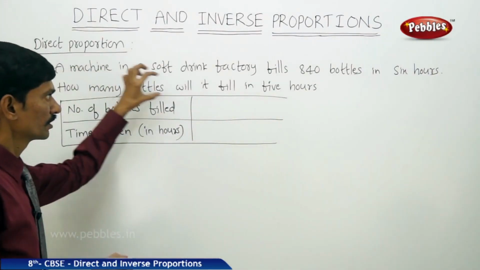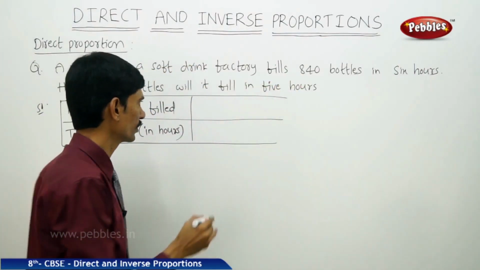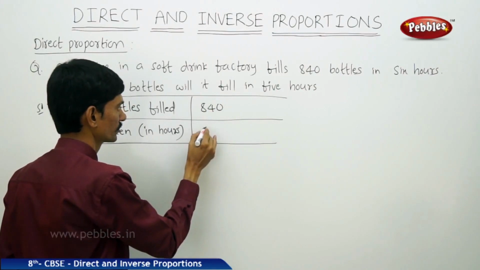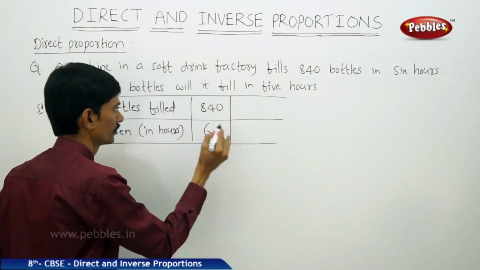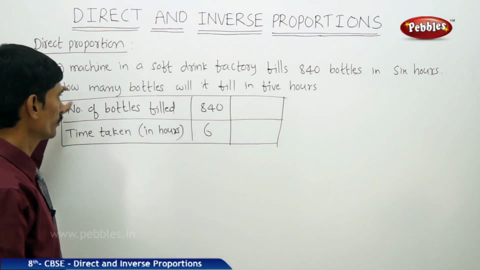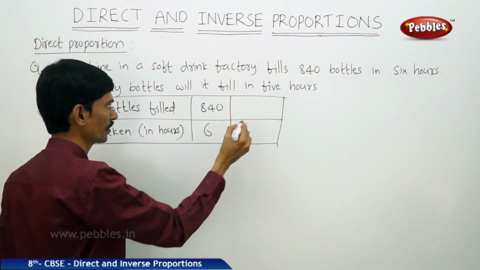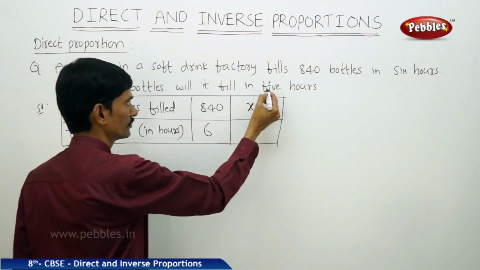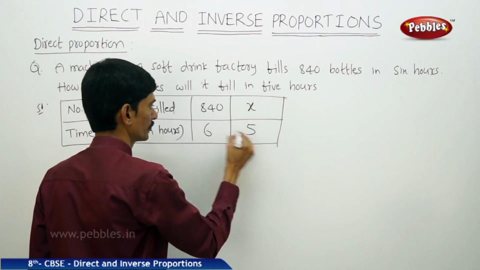Now it will fill 840 bottles in 6 hours. Now in the second case, how many bottles will it fill? So we don't know this value. Let us take it x, then in 5 hours.